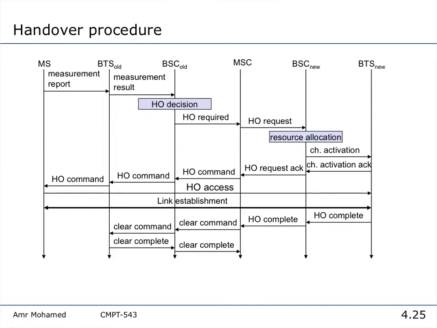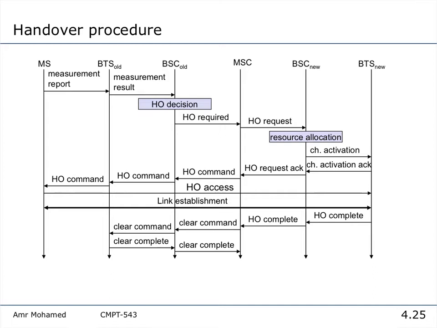Depending on this measurement report, you measure the received power, and based on that, you can measure the quality of the channel between the BTS and this mobile station. So this measurement gets sent in an average form, frequently, to the BSC, the base station controller.